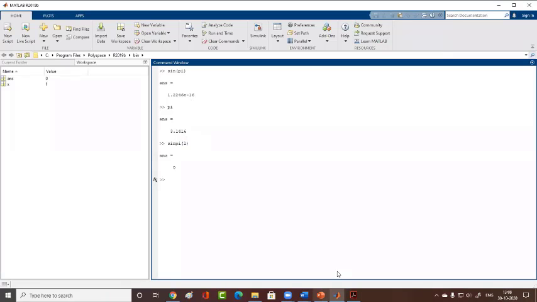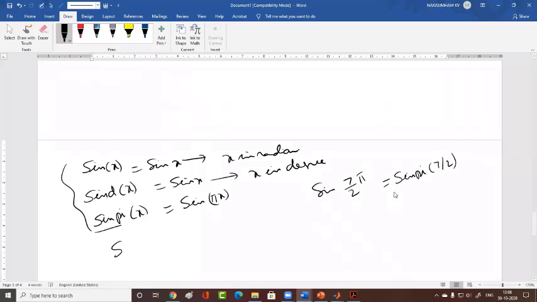So what is the meaning? Sinpi of 1 is nothing but sine of 1 pi. Sinpi of 2 is nothing but sine of 2 pi.